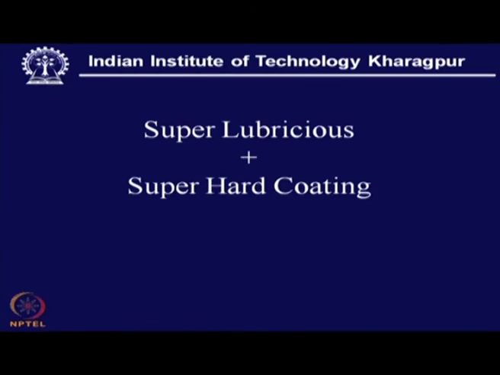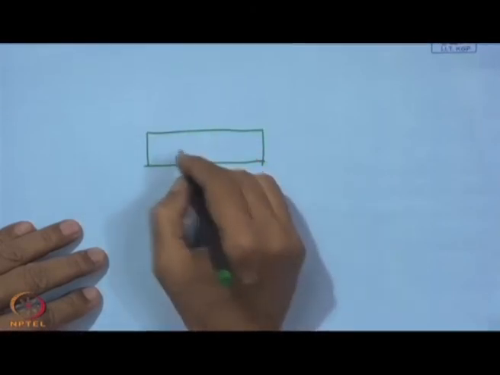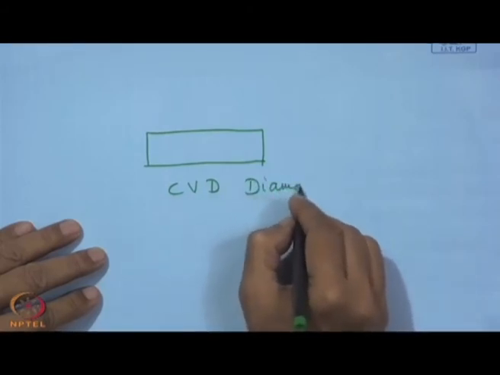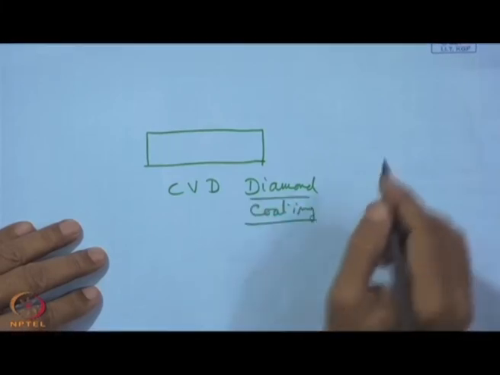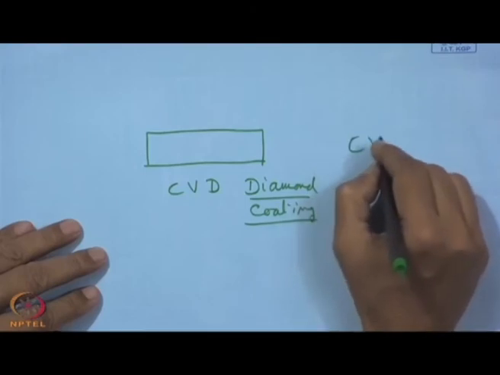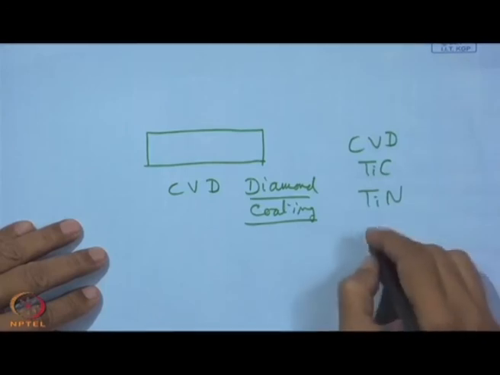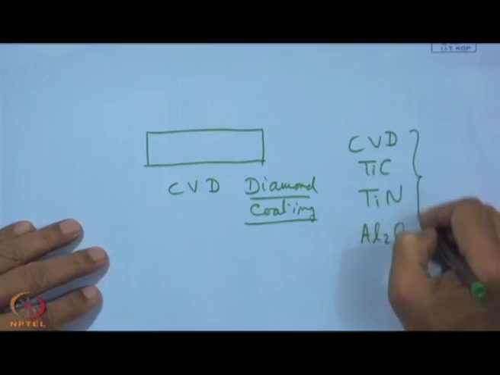Now comes one important thing, super lubricious and super hard coating. Another attempt is made here. As we know, in the normal CVD diamond coating, the surface is not as smooth as we get with CVD TiC or TiN, which are all conventional, well established, routine coatings.